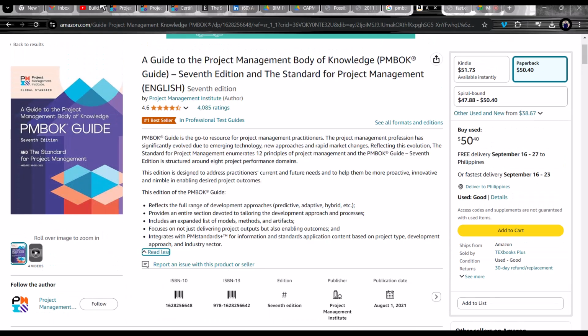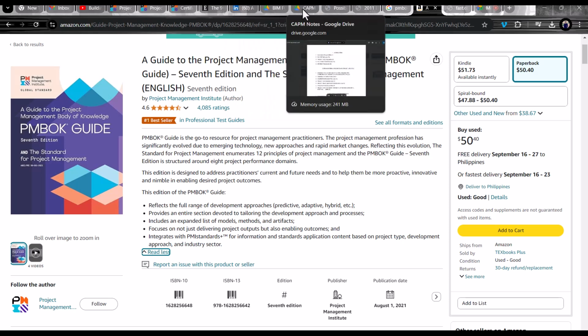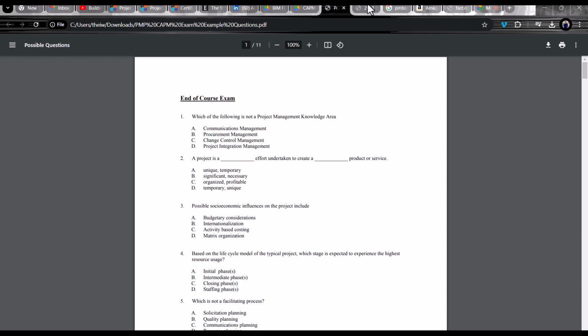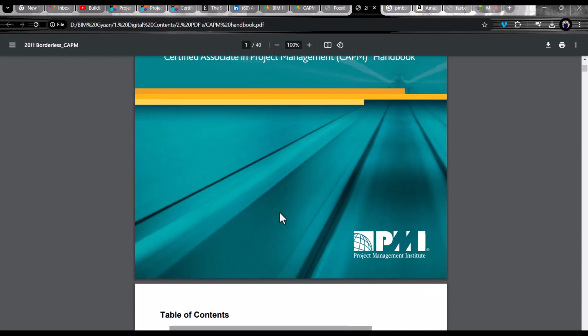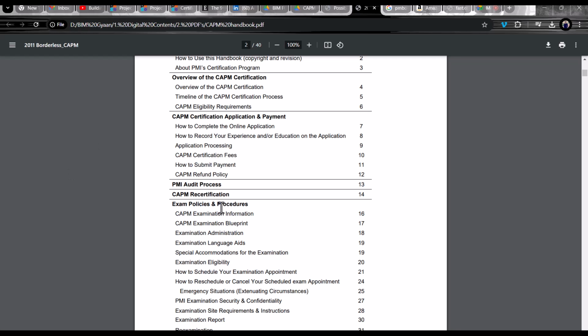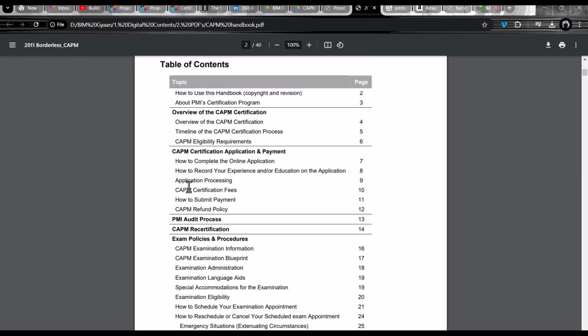Okay, so I'll give you a little introduction about what CAPM is and how you can prepare for it. This is a CAPM handbook which I can share with all of you later, to understand the certification more deeply: how they mark each chapter in the CAPM, how you have to apply, what the process is.